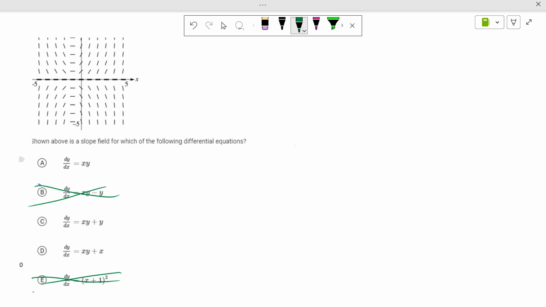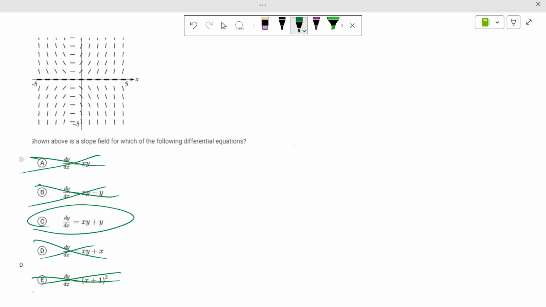So if x is negative 1 and y is 1, do we get 0? No. So that one's eliminated. If x is negative 1 and y is 1, do we get 0? Yes. If x is negative 1 and y is 1, do we get 0? No, we get negative 2 there, right?